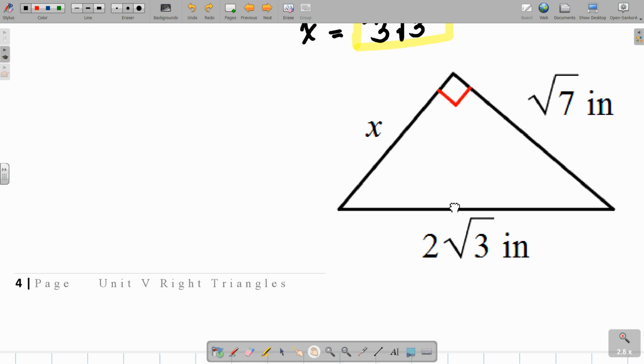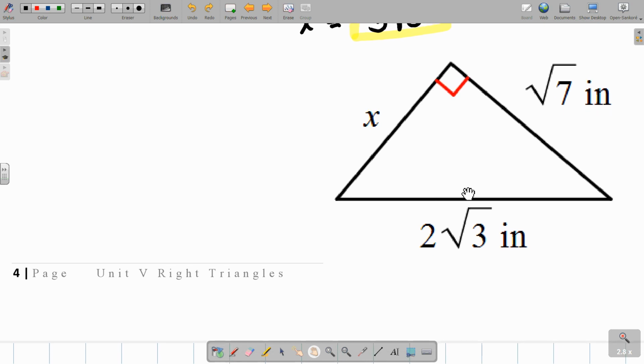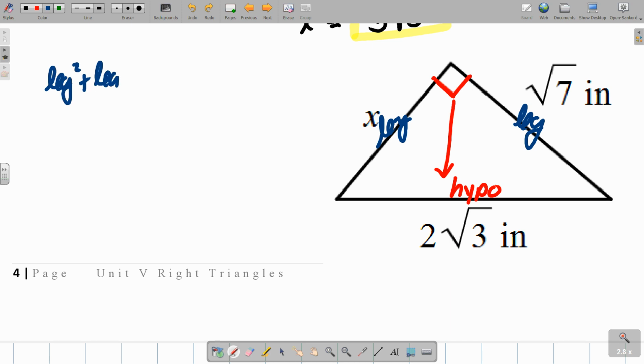Let's do this one together. Have 2 sides, need 3rd side, Pythag. First we label our legs and our hypo. Hypo is always across from the right angle. That's your hypo. Then we establish this is a leg and this is a leg. So we write our equation: leg squared plus leg squared equals hypo squared.